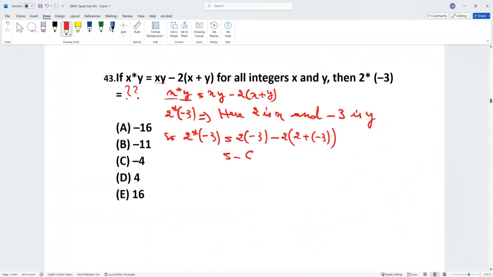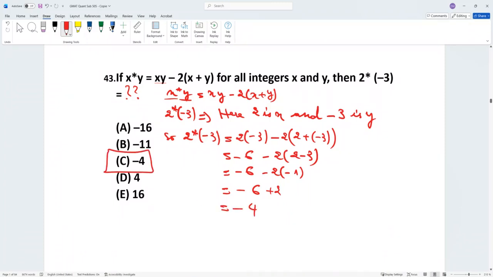And this will be minus 6 minus 2, so 2 minus 3 minus 6 minus 2 factor of minus 1, and then minus 6 plus 2 is minus 4. Answer C is our answer. As simple as that. Okay, so we just needed to find the pattern, and then that would lead us to the answer.